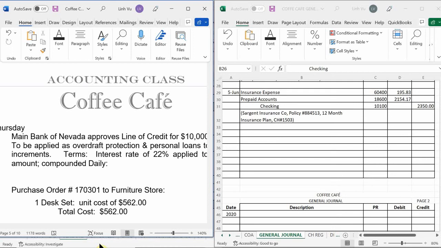It is one of the GAAP principles, correct? Would it be monetary? No. I have extra pertinent information about a transaction.